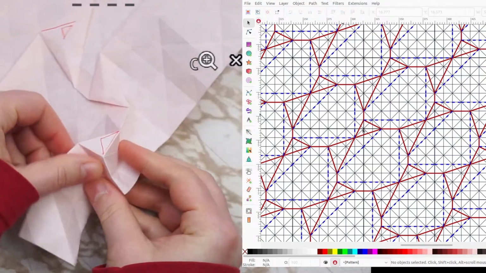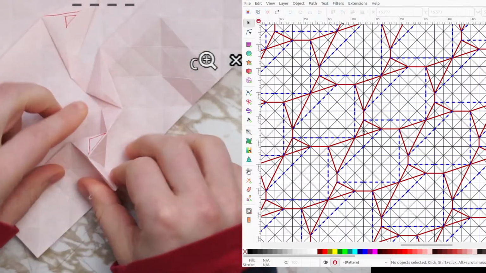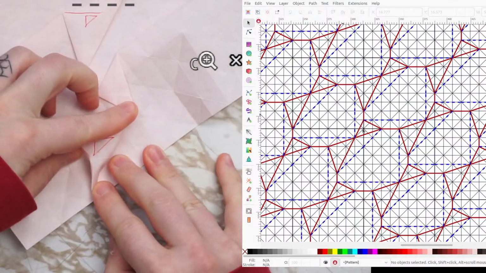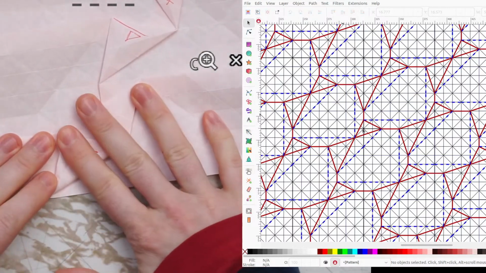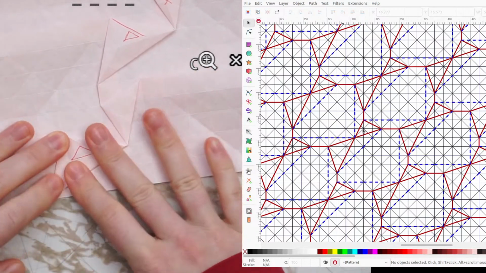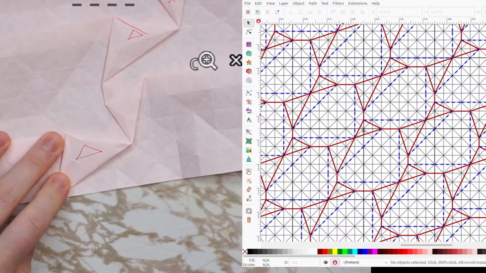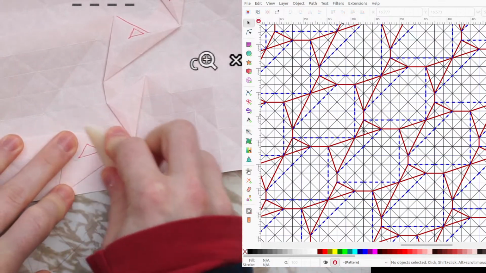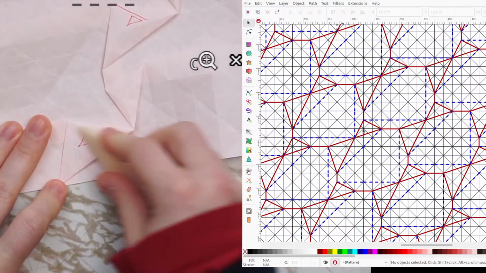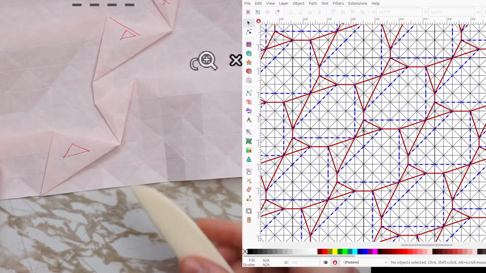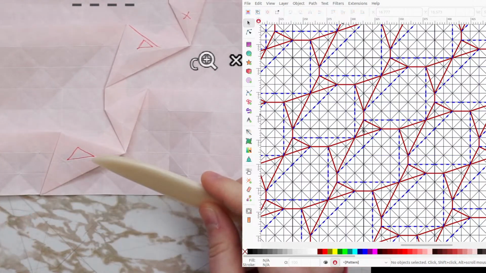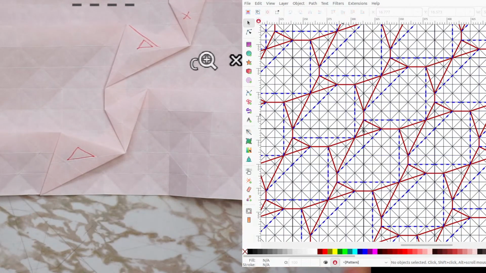Then setting up the pleats around the target triangle, I can go ahead and squash my twist. And I'm coming right to the edge of the paper here, and that again is an artifact of me using a 24-fold grid as opposed to some other grid.